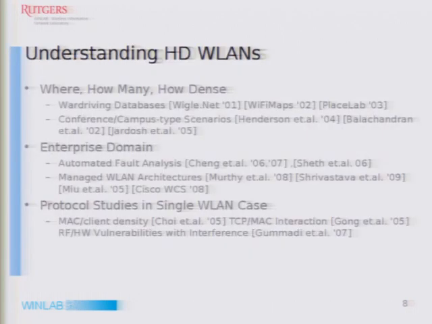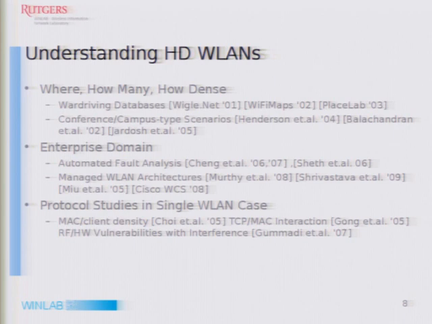The first class is on the understanding side. A couple of researchers worked on war driving databases or measurement campaigns, those kinds of studies, where they try to understand, okay, where are these access points? How many of them are located? What channels do they use? And how do they look in conference and campus type scenarios?